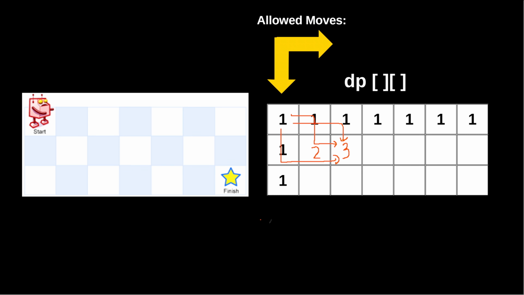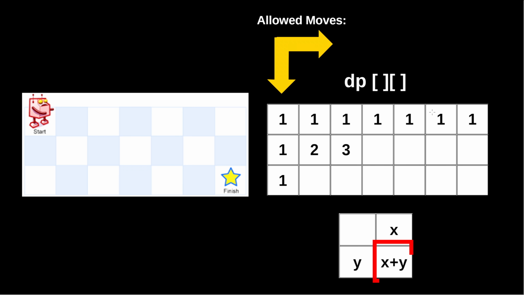The pattern is that for any cell in this portion of the grid, the number of unique paths for that particular cell is the sum of the unique paths from the cell above and the number of unique paths from the cell on the left. This is very intuitive because the robot can either move downwards or move to the right.